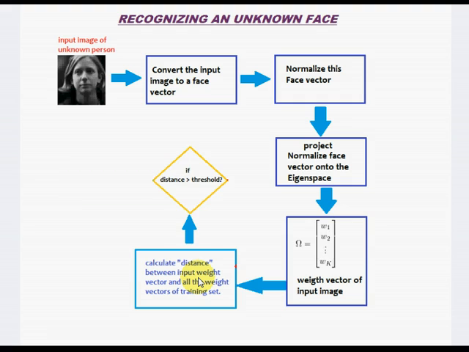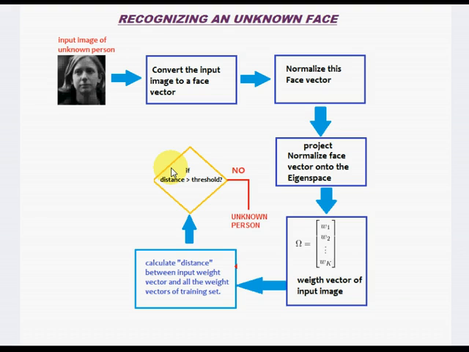Now there will be two cases. We would have set some threshold value beforehand, and this threshold value is set in training the recognizer. If the distance is more than the threshold, it does not qualify as a known face, so naturally the decision will be an unknown face.